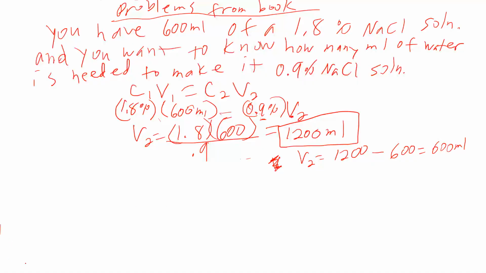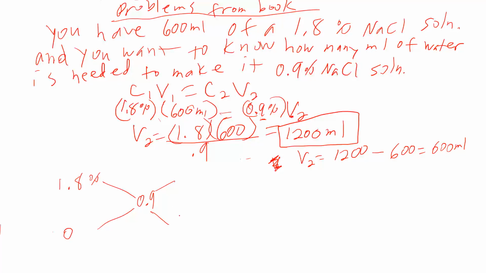So let's look at alligation. So in alligation, we know that there's 0 because it's water. We know the top part is 1.8% because that's what they have on hand. And then we know the final concentration is 0.9%.